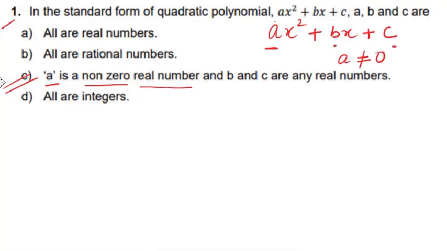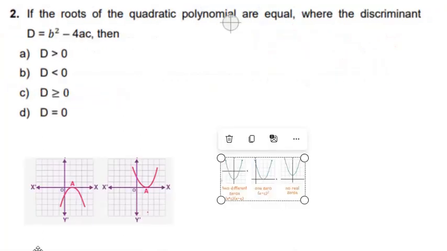So the correct option will be C, a is a non-zero real number and b and c are any real numbers. If a is 0, then this entire term will be 0 and in that case this expression will not be a quadratic polynomial. So a must not be equal to 0.